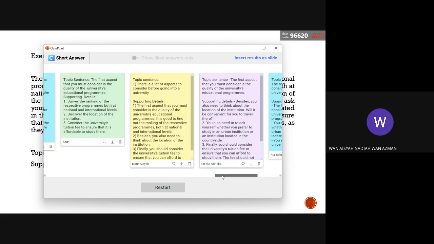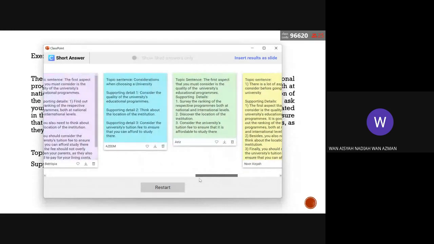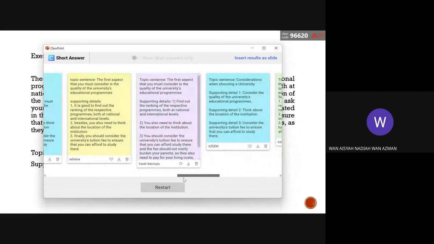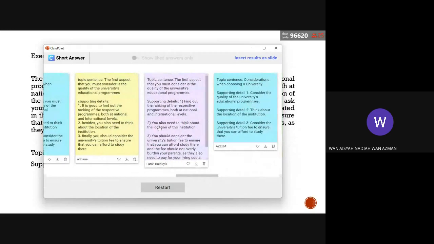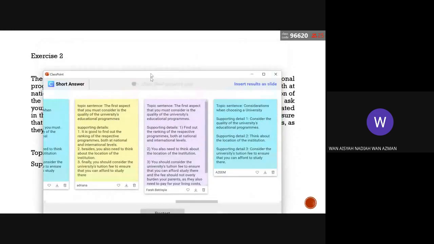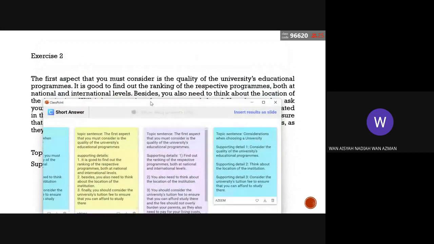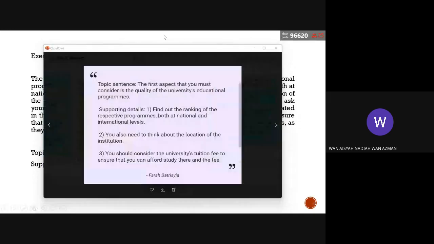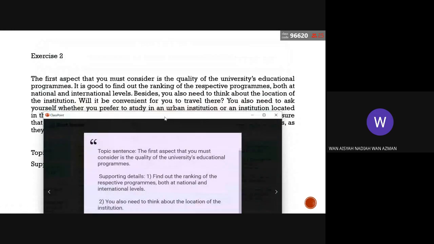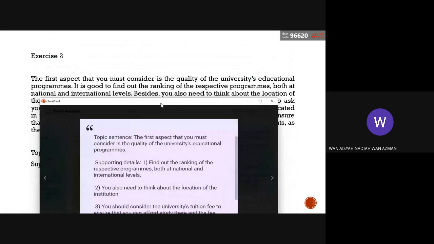So the main supporting detail should be, did anyone write it down? I think it's this one about location. Yes. For the second supporting detail, you have to start from "besides".